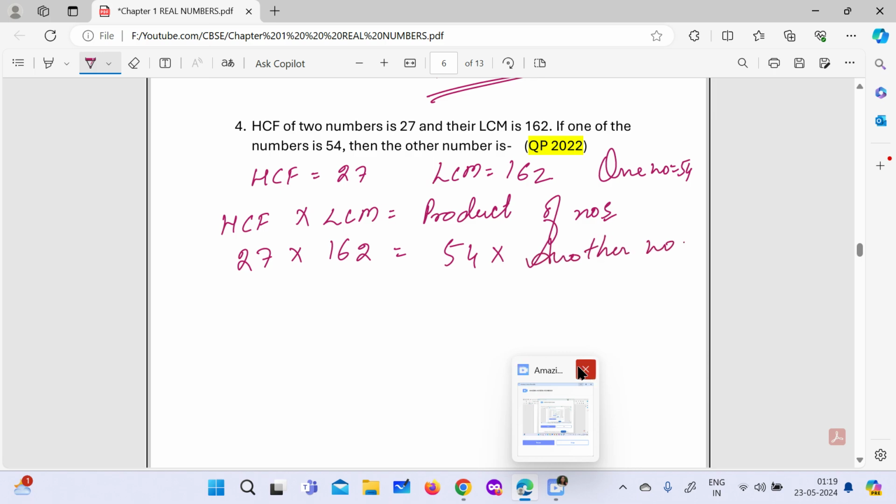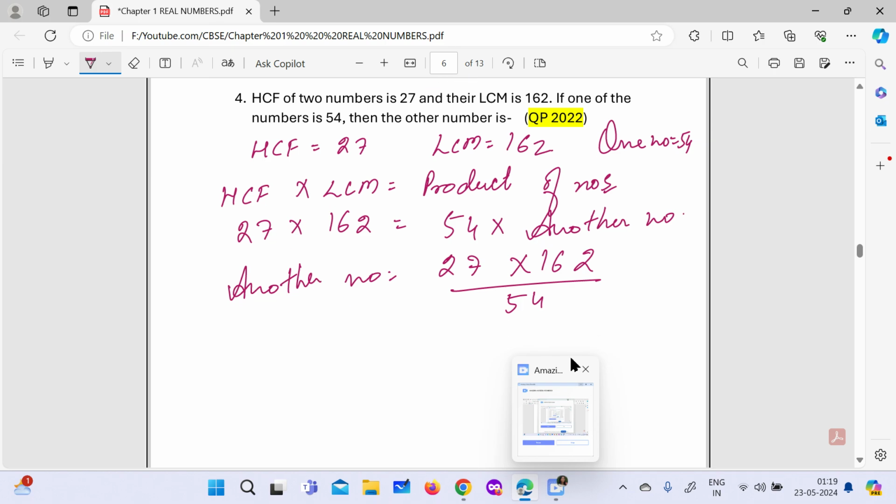This is what you have to find. So the other number is equal to 27 times 162 over 54. Now when we calculate this and cancel, you get here 2 and then you get here 81. So your other number is 81.